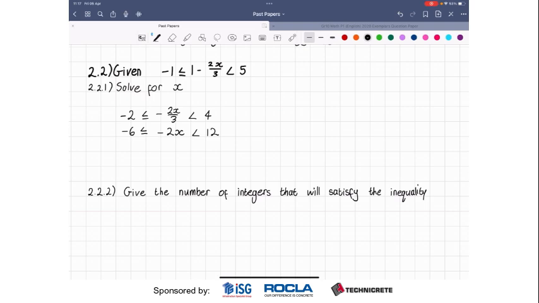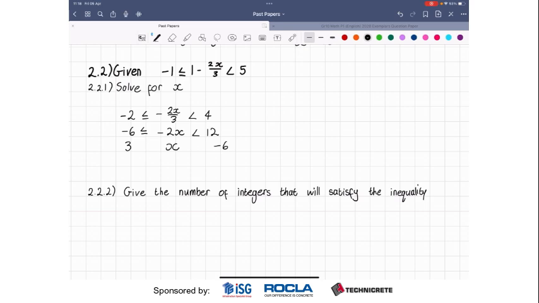And now I want to get x on its own. So I can divide the middle bit by minus 2, which means I'm dividing this side by minus 2, and I'm dividing this side by minus 2. So minus 6 divided by minus 2 is 3, and in the middle I'm just going to be left with x. And then on the right-hand side I've got 12 divided by minus 2, which is minus 6.